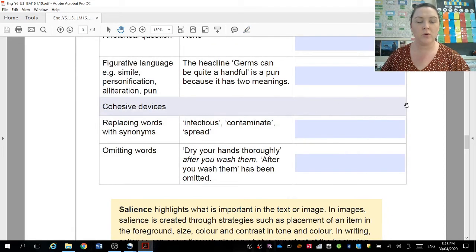Okay, guys, so for figurative language, there is one example of personification in there. Now remember, personification is when you use human or animal characteristics or traits to create imagery around non-living things. The sun peeked over the clouds.